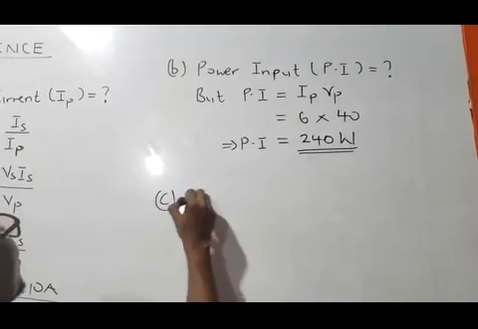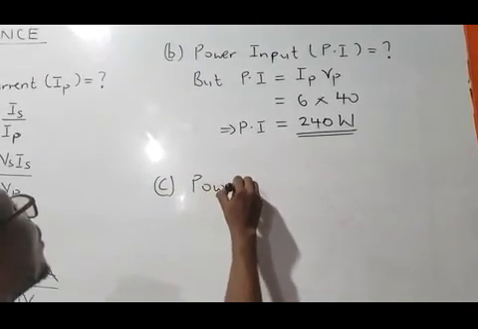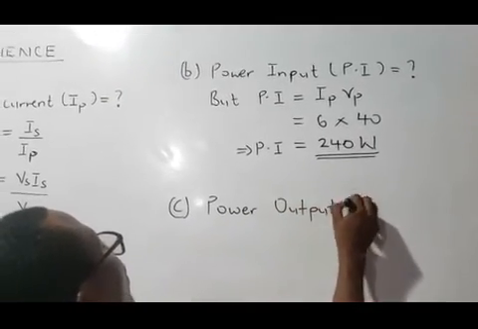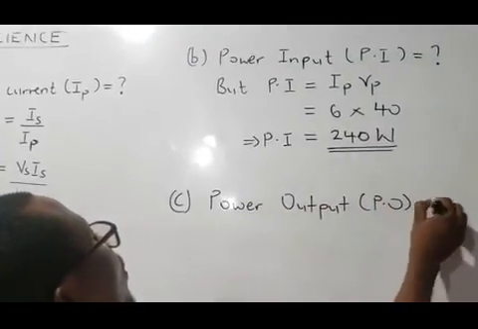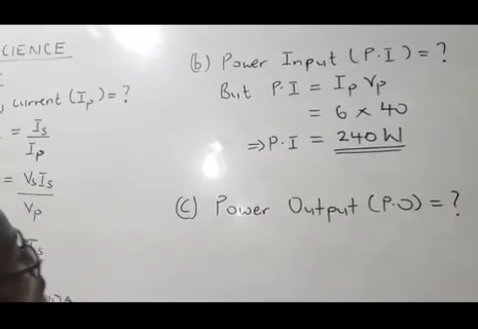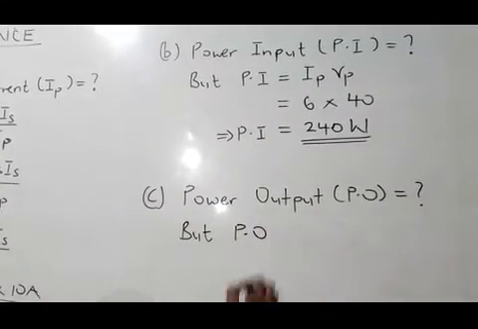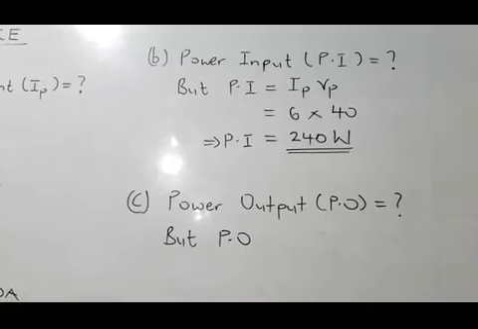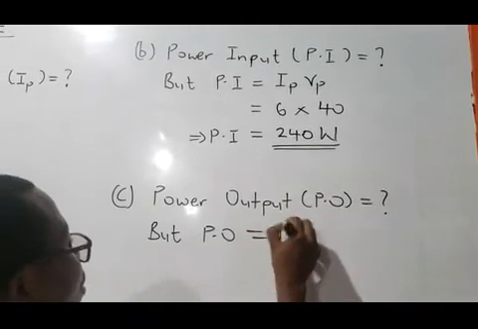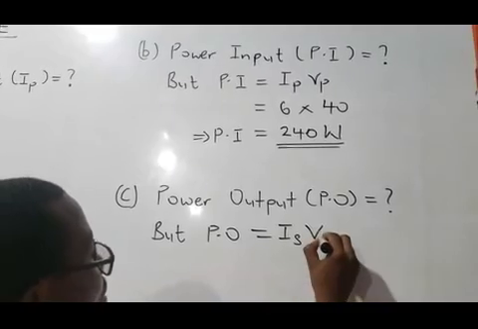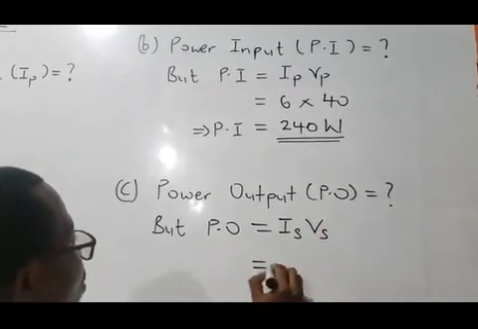And then C, power output. Our power output, that's the power in the secondary coil, will also be equal to the secondary current times the secondary voltage.